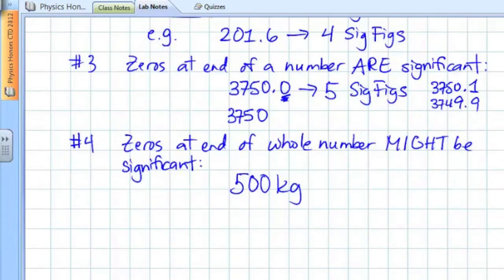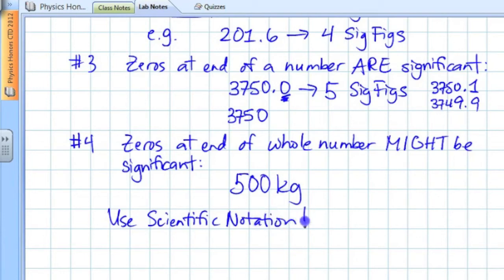Well, this is why scientific notation is so useful. So if we write this number in scientific notation, there's different ways to write it. If we truly measured it to be 500, emphasis on the 5, like it could have been 400, it could have been 600, we're not sure, then what we would write is 5 times 10 to the second kilograms, and that's one significant figure.